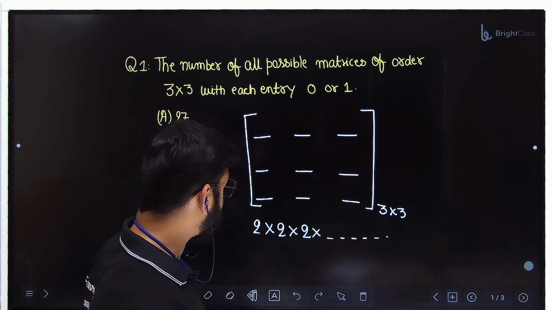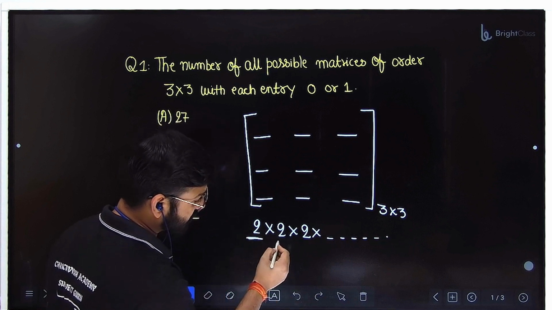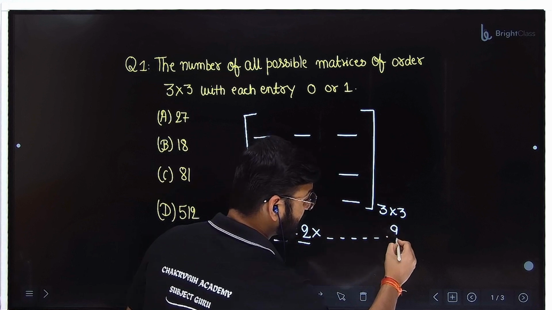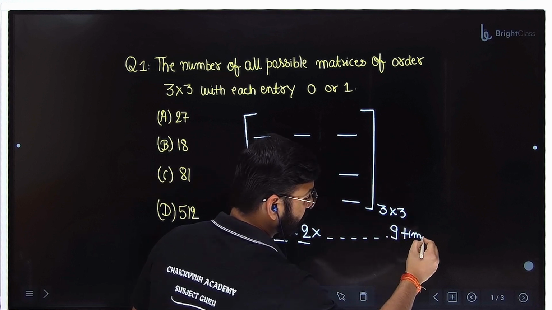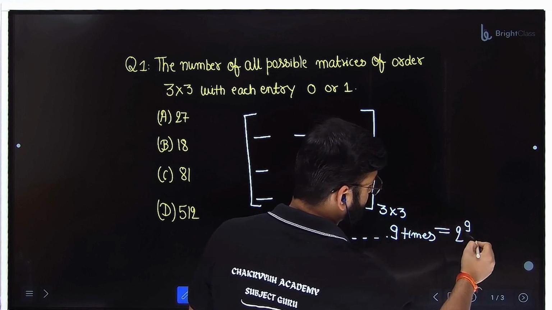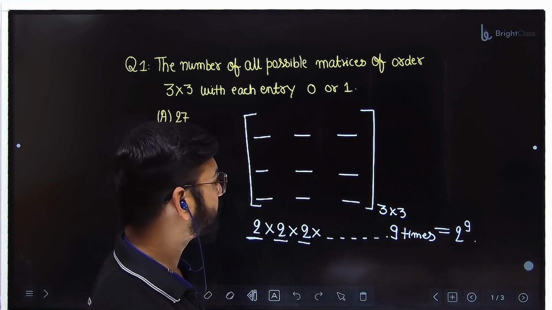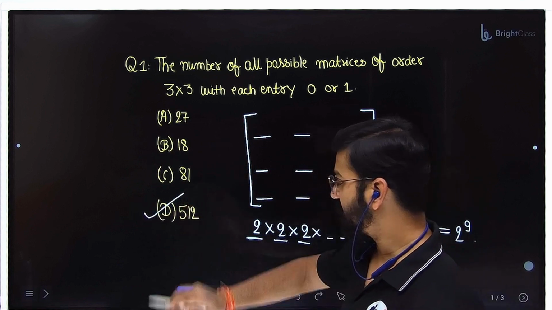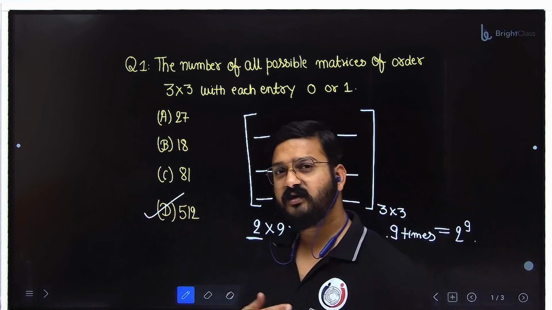So this 2 means 2 possibilities for the first place, 2 for the second place, third place, and till how many places? 9 places. So 9 times. So what should be the final answer here? 2 to the power 9. Very simple. 2 to the power 9. So what should be our answer? Option D.